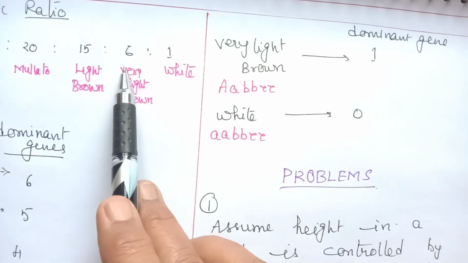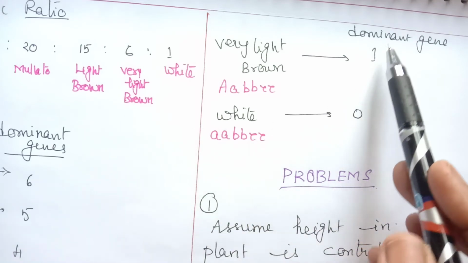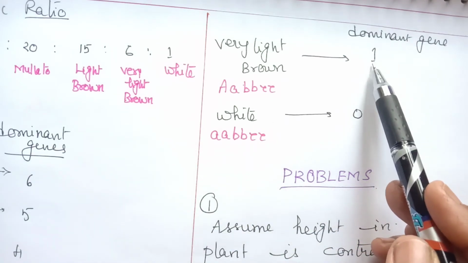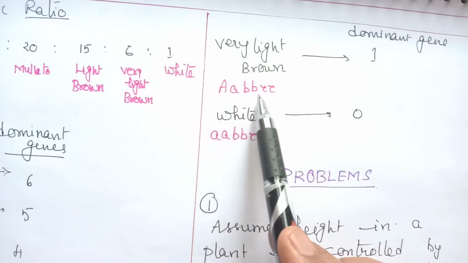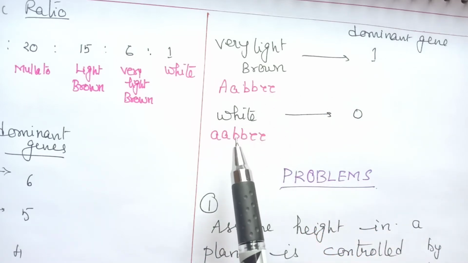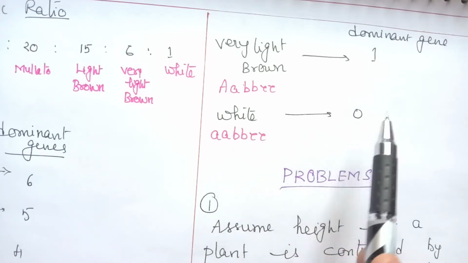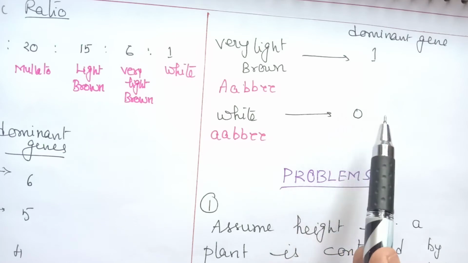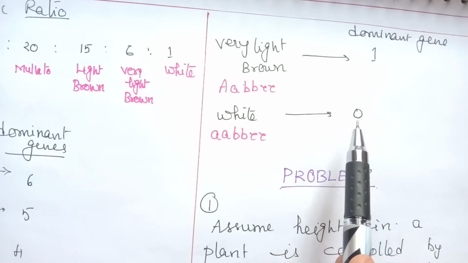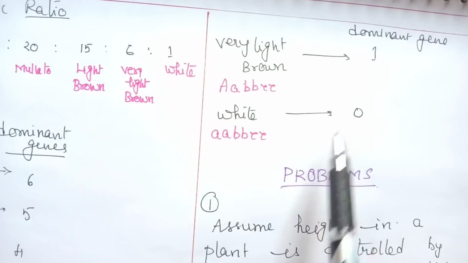We have 6 individuals of very light brown. Very light brown will have only 1 dominant allele. Any 1 dominant allele can be present. And then lastly we have white with no dominant allele at all, 0. This is the distribution of human skin color.